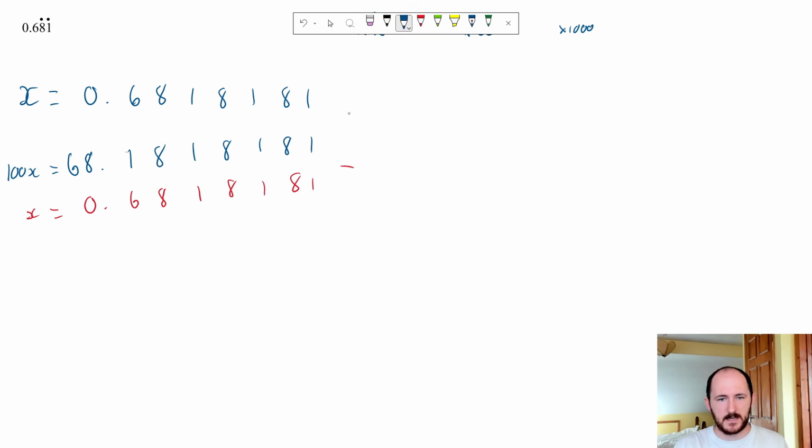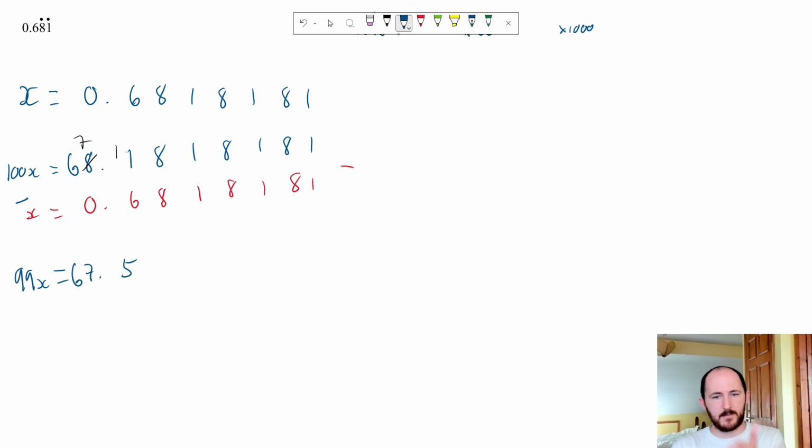So that gives me 99x when I subtract. Then of course when you're doing the subtraction here, you're going to have to borrow a 1 from over here. That gives me 11 minus 6, which is 5. And then 7 minus 0 is 7, and 6. So we get 67.5.